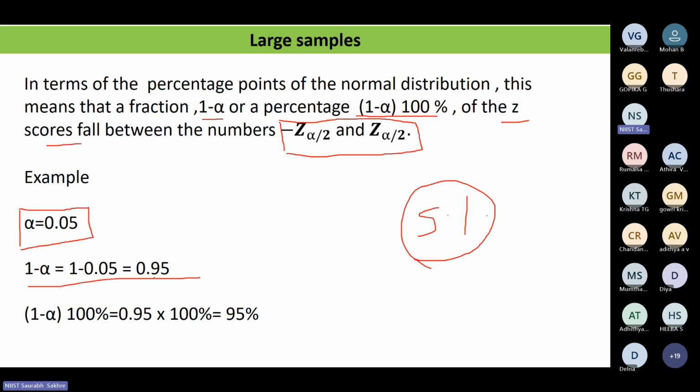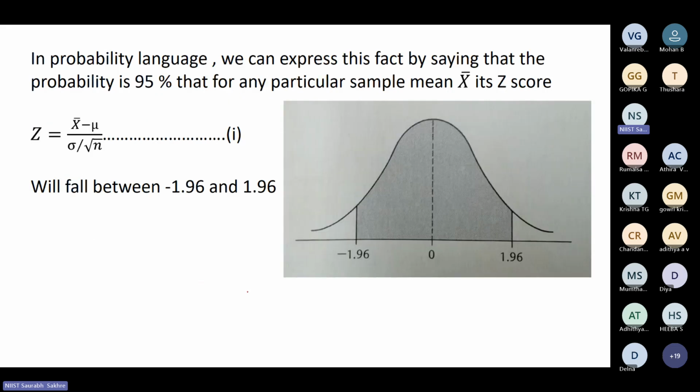I converted 0.95 to percentage, multiplied by 100, it is 95%. So how do I interpret it? In probability language, we can express this fact by saying that the probability is 95% that for any particular sample mean x bar, its Z score will fall between minus 1.96 and plus 1.96.